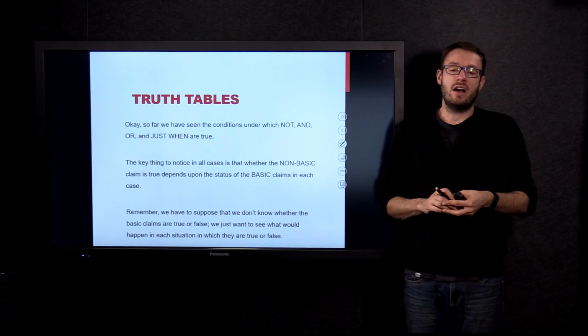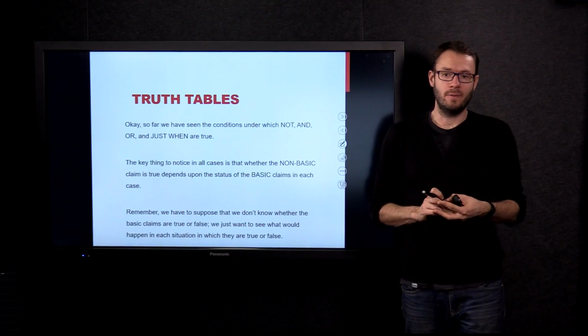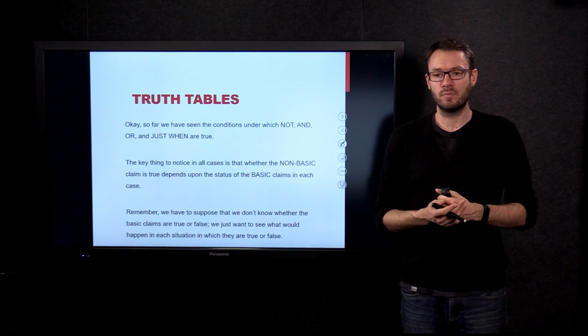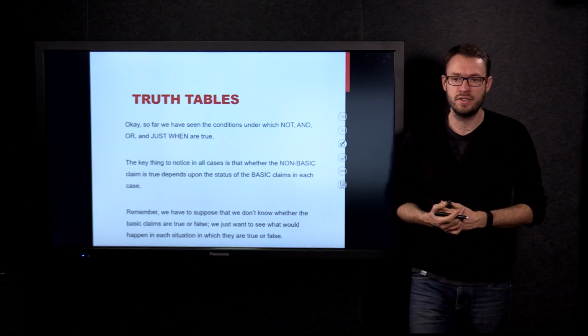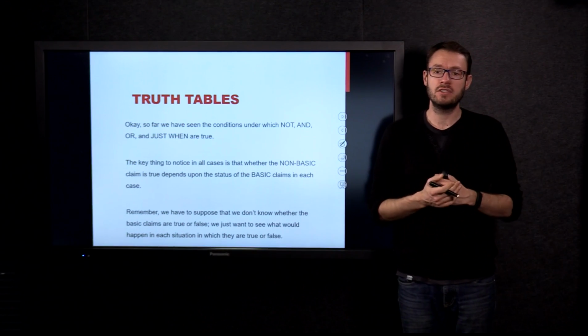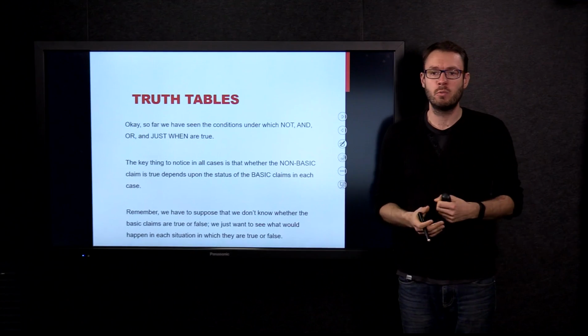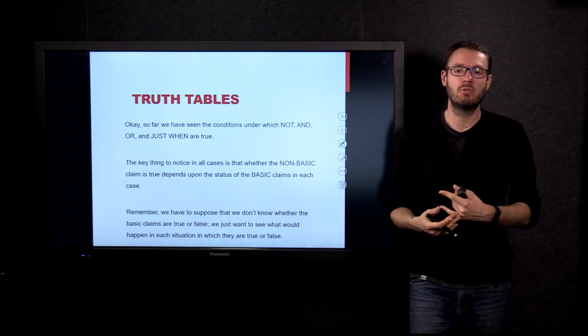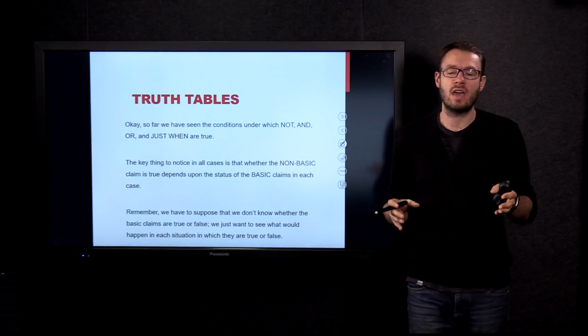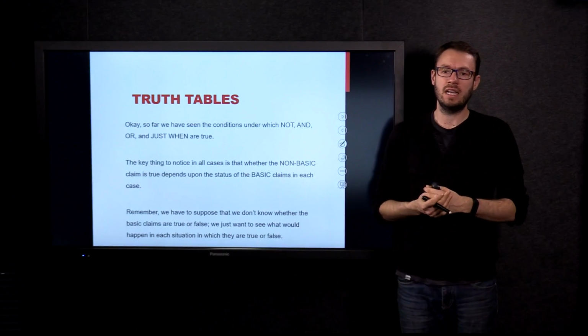What we need to do now is have a look at the conditional. And the conditional claim is quite difficult, because there are certain aspects of its truth table, certain aspects of the way that this conditional box works, that don't entirely reflect the things that we might think about the if-then statement in English.